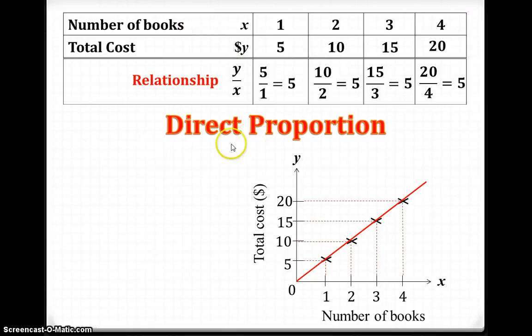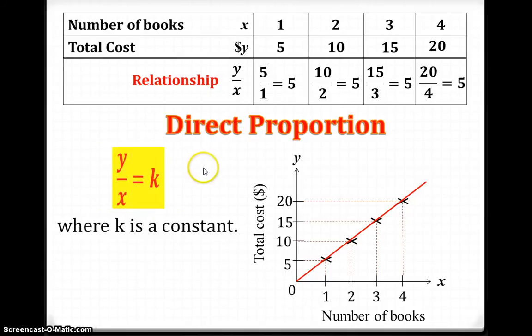How to remember what is a direct proportion? Yes, we will know if for any set of values, the y values divided by the x values, you get a k. K is a constant. So in this case, the k is 5.